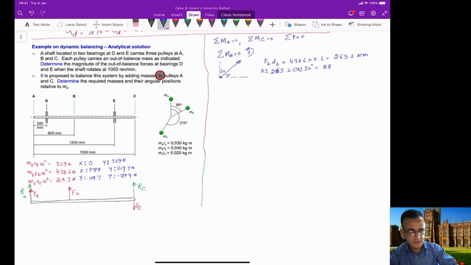We will also have the Y component, which will be 263.2 times sine of 30 degrees, which is 131.6 Newton meter. So we get the X component and the Y component of this vector here. Now, in addition to this, we can calculate the moment due to FC, which is this force here, and this will be in the negative direction here.